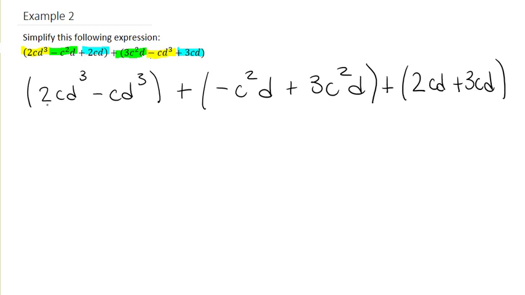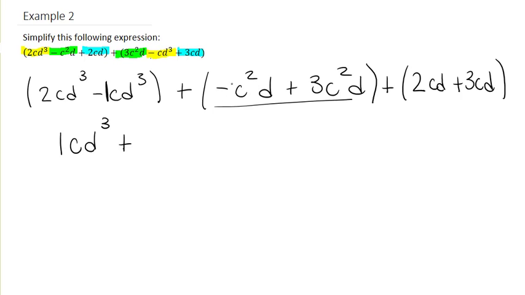So in the first one, we have 2 c d to the third minus c d to the third. Now this is really just a 1 in front, so we can just go 2 minus 1, which is 1 c d to the third. Next, we'll look at this parentheses.